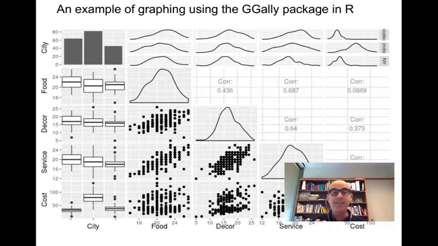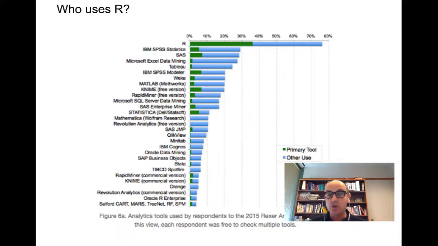I can have city, food, decor, and I can have a bar chart, a line graph, and a point graph. I can do it all in the R, something that other software applications that we cover in class do not allow us to do.